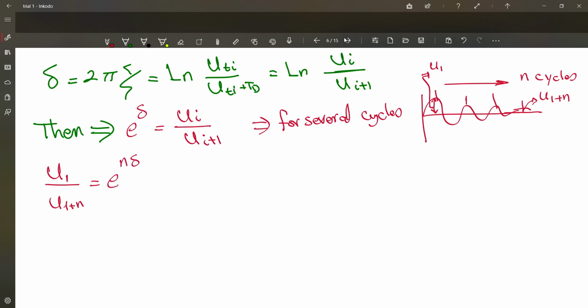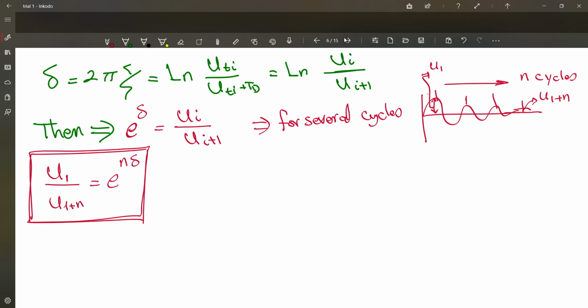Because we have n cycles, this means that the decrement is going to be multiplied by one another. So e to the power sigma times e to the power sigma times e to the power sigma, n times, right? So we are going to have this equation here.